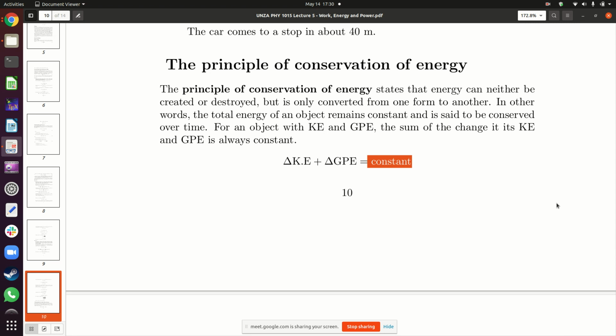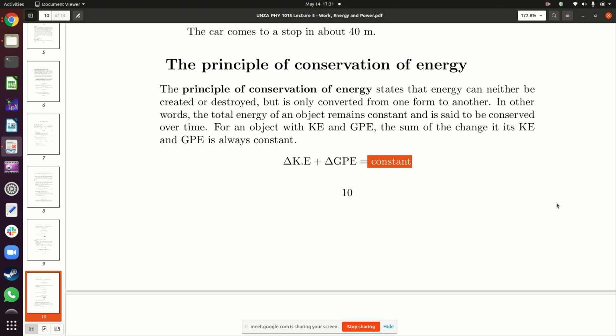Are we clear? With the principle of conservation of energy, there is a change in the height of the object. So as you go up, climbing up, you are going to become slower. A good example is when you throw something upwards. As you throw a stone upwards, that stone is gaining gravitational potential energy, but it is becoming slower, so it is losing kinetic energy.